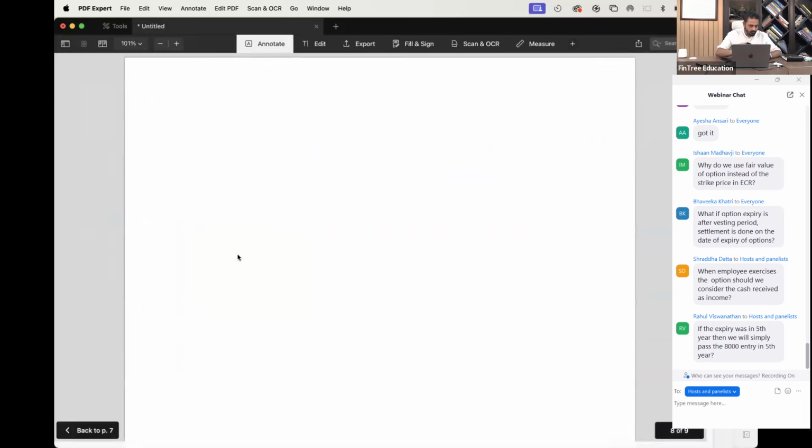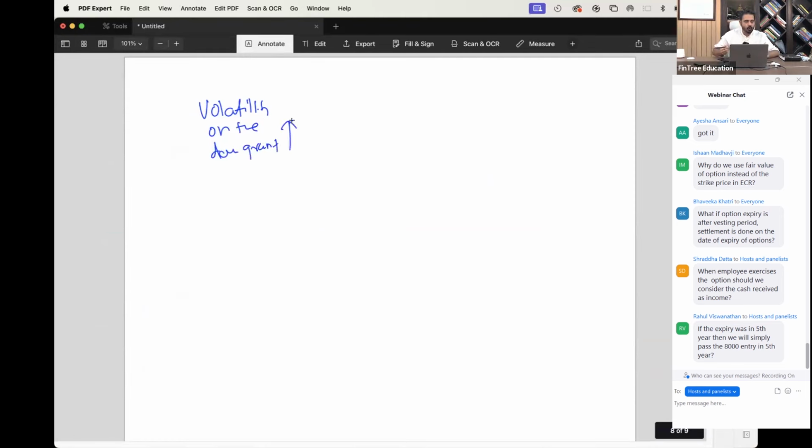Some theory I need to cover now. Here's what a typical question writer on the Level 2 exam really loves. Even the curriculum discusses this. What if volatility on the date of grant was higher than normal? Then what will happen to the option price?